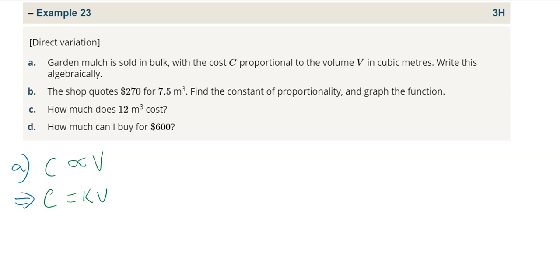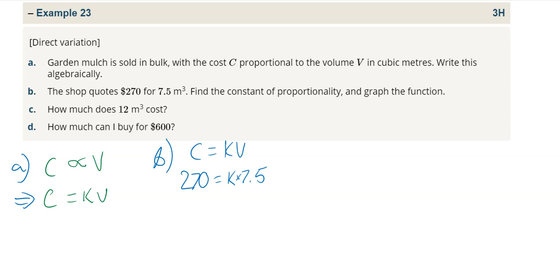So we're going to find K. We're going to plug in two values that we've been made aware of. What's the cost? 270, yeah. So our cost, remember, is equal to KV, and so 270 is equal to K times the volume, which is 7.5.